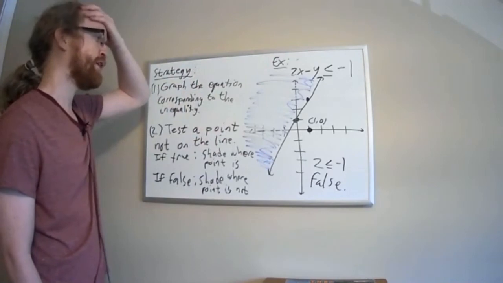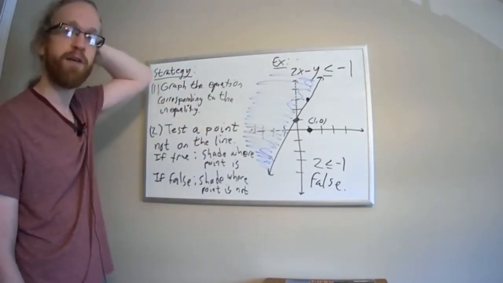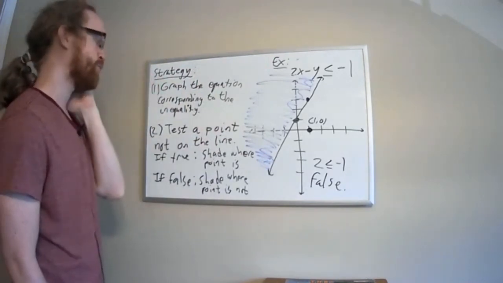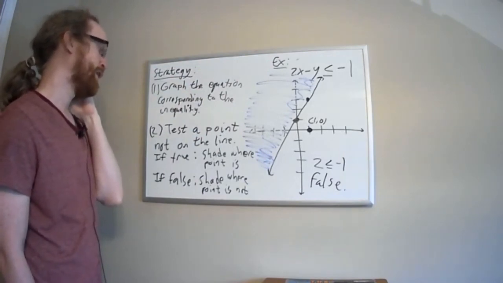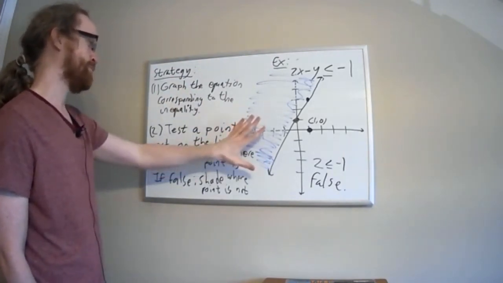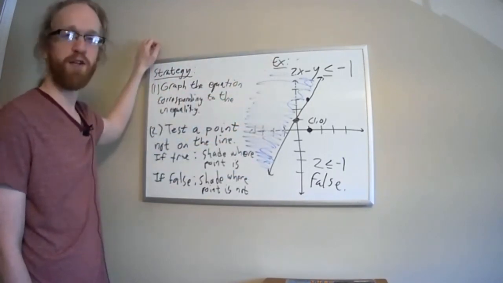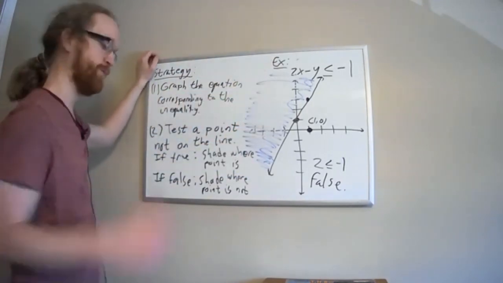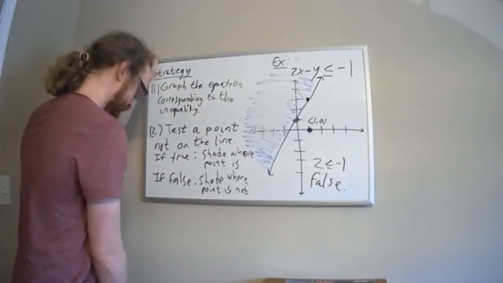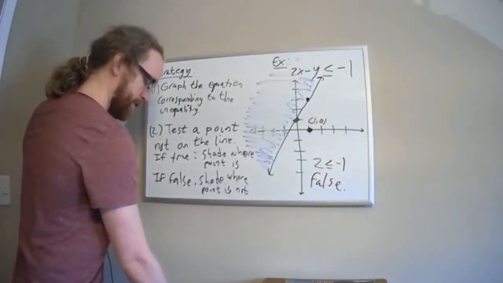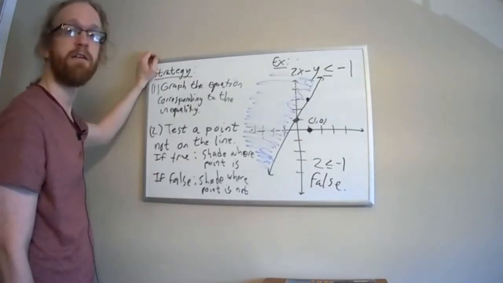It'll really help clarify what is what on your graph, so it's easier for us to grade and interpret what you're doing. And also, if you don't have colors, then just shade carefully and make sure you make really clear where your solution is. I'm going to harp on that again when we do a system, but I just want to point that out now. Anyways, it's a good point to pause and ask if anyone has any questions at this moment.